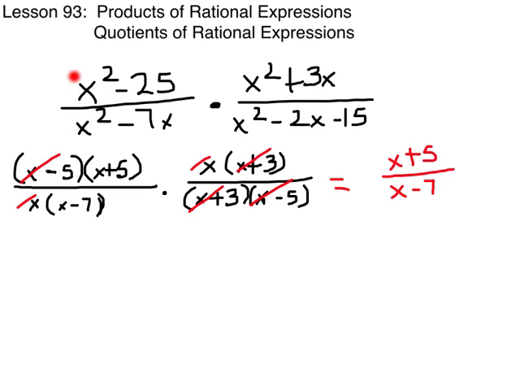This is a perfect square, so x plus 5, x minus 5. Here we have a common factor of x that we'll take out, and when we take it out, we're left with x minus 7. Same thing here. If we take out the x that's common, we are left with x plus 3.